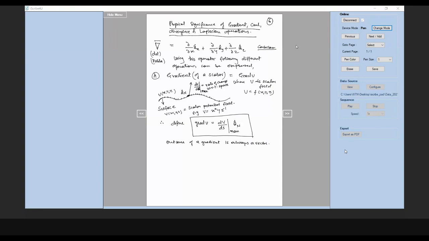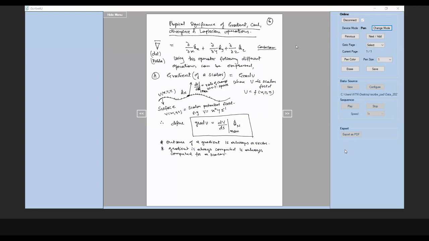Therefore, it is very important that the outcome of a gradient is always a vector, but a gradient is always computed for a scalar.